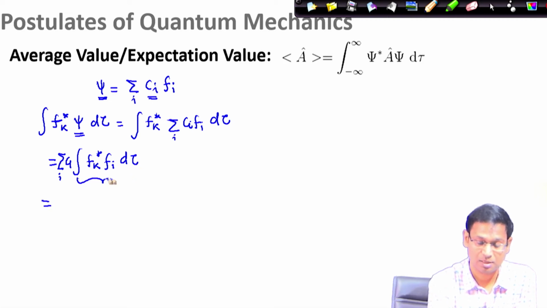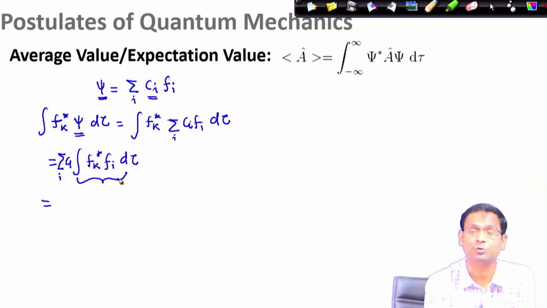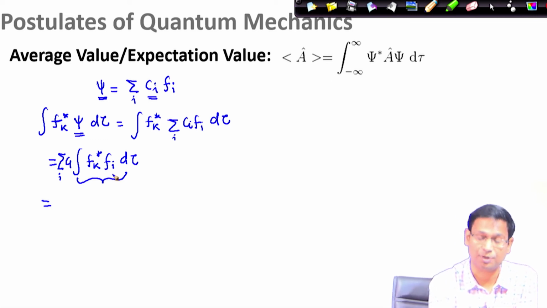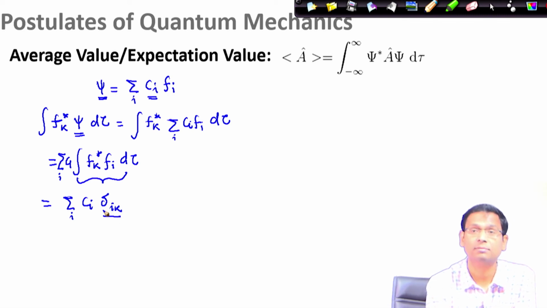and this is the overlap integral between two eigenfunctions of the same Hermitian operator. So, therefore, they are going to be orthonormal. So, I am replacing this integral with a Kronecker delta. I know when i equals k, Kronecker delta value is 1, when i is not equal to k, this value is 0.